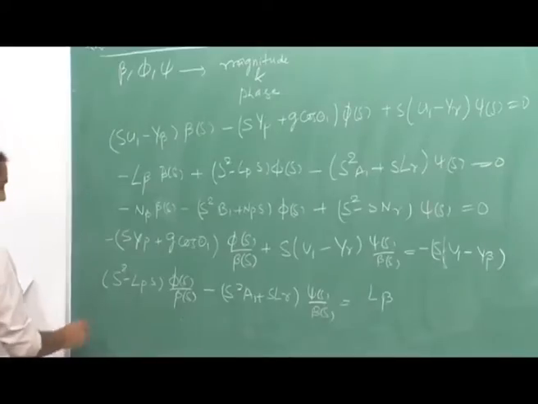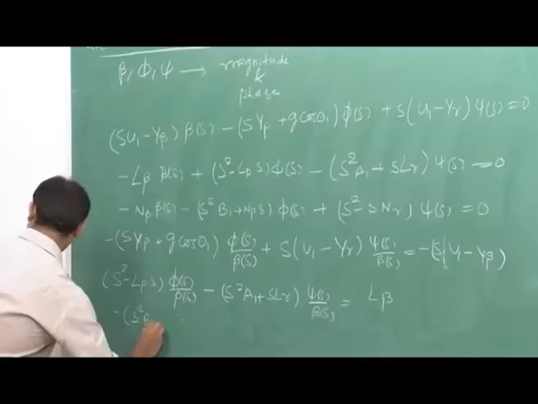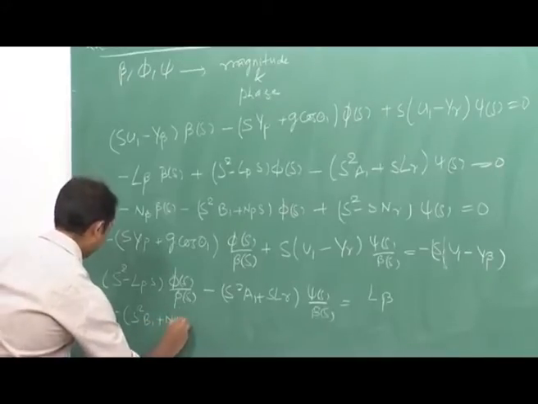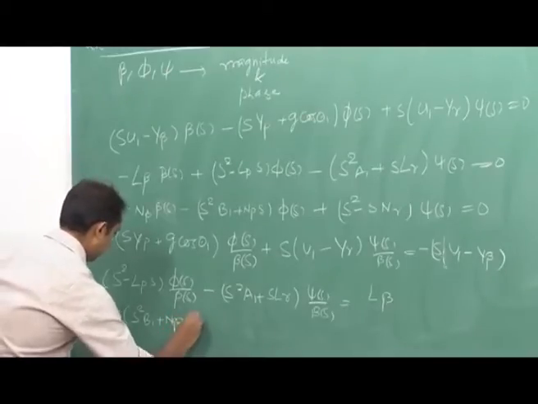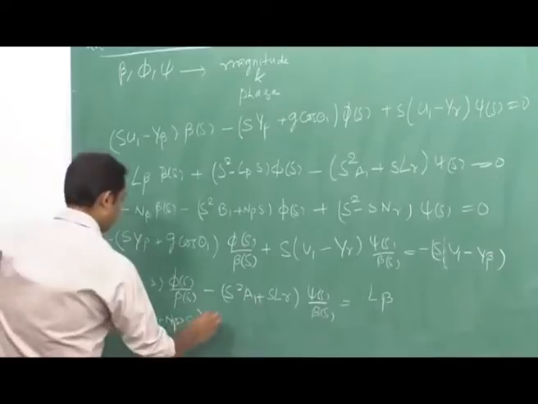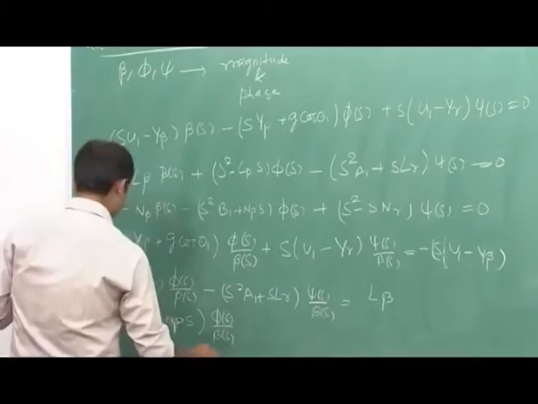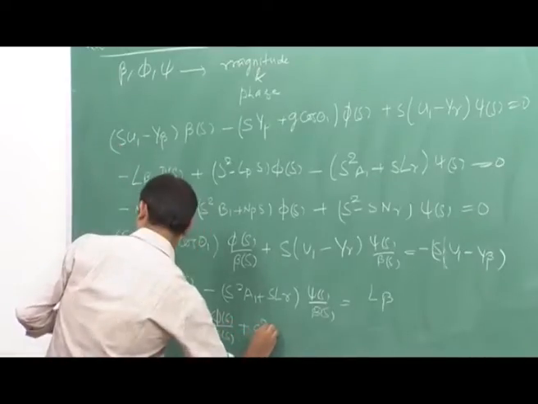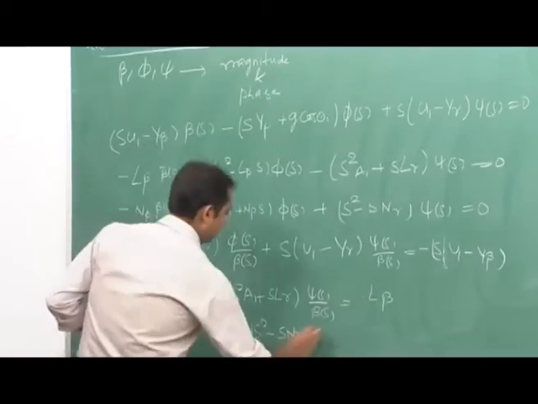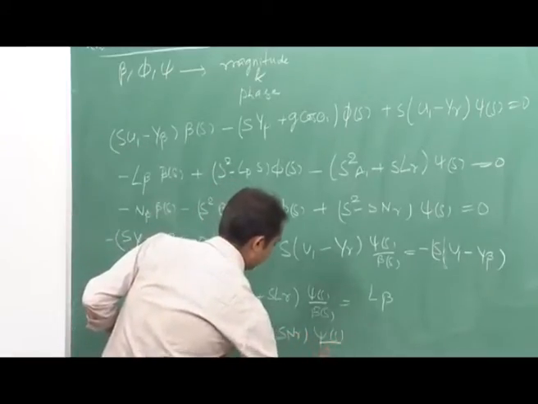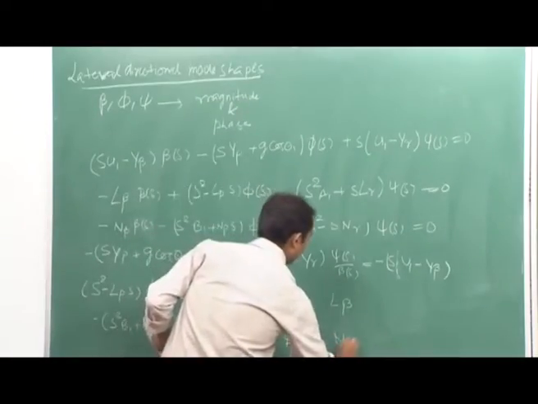And third, minus (s square B1 plus N_p s) into phi of s upon beta of s, plus (s square minus s N_r) into psi of s upon beta of s equals N_beta.